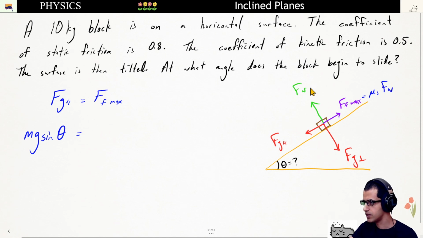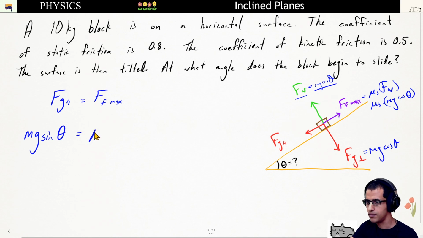But the normal force on this inclined plane is equal to Fg perpendicular. Fg perpendicular is mg cosine theta. So force of friction max is mu s times mg cosine theta.